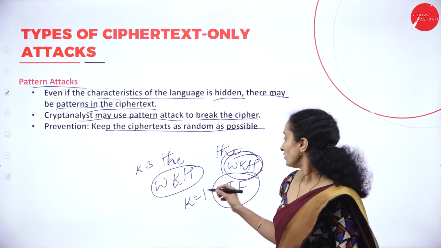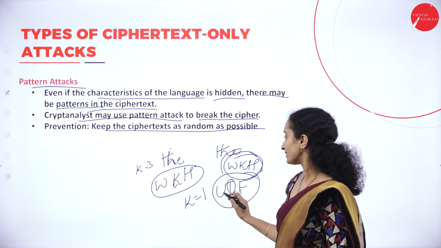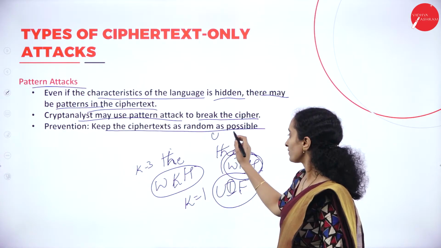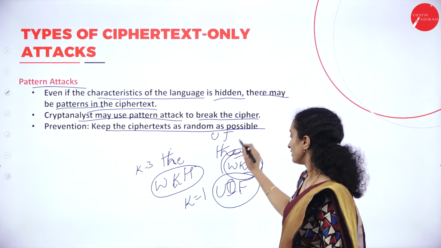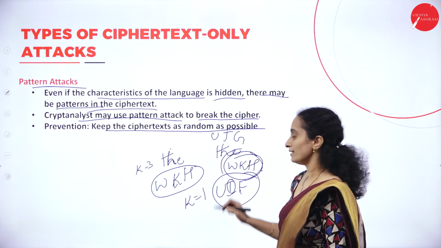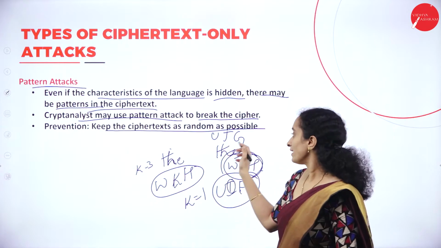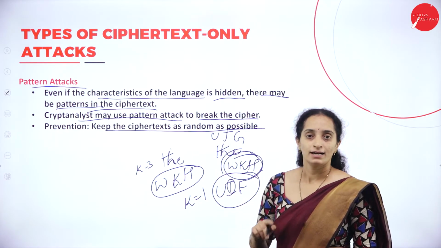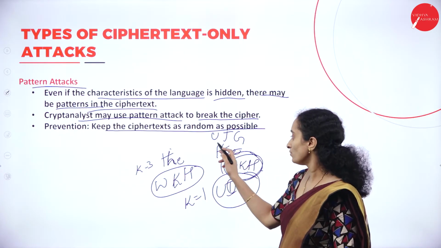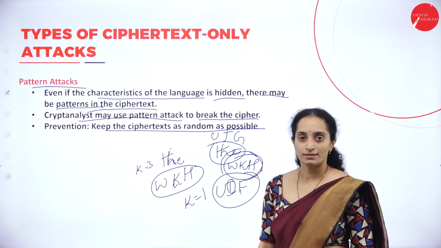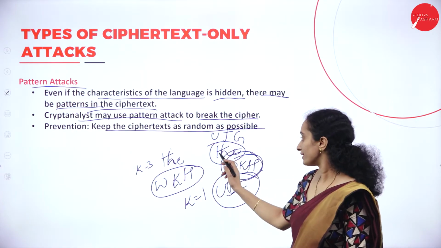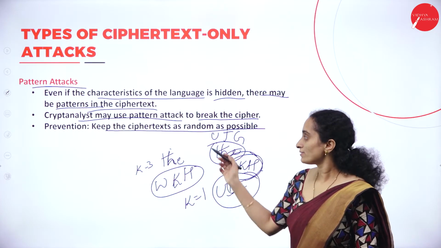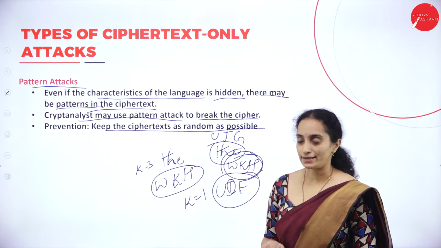Or you generate different characters, U, J, G, like this. You randomly change the alphabets used to encrypt the letters THE. Okay. So this is how you can prevent the pattern attack.